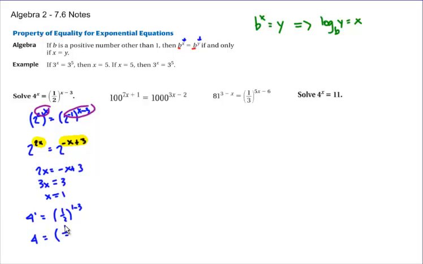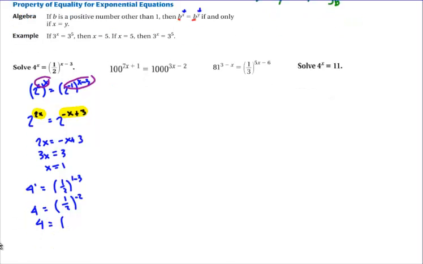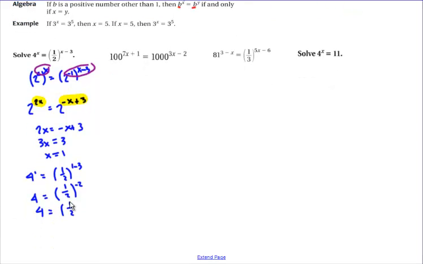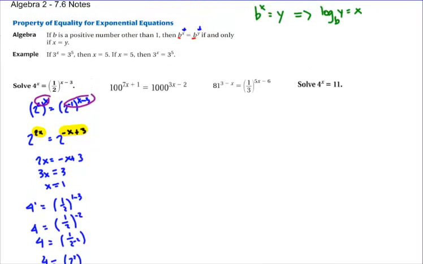This is 1 over 2 to the negative 2, which is the same thing as 2 squared, which is 4. So that works out. Always check these.